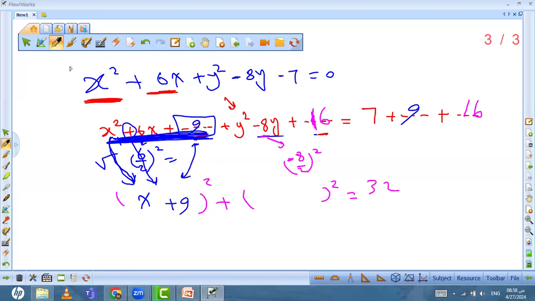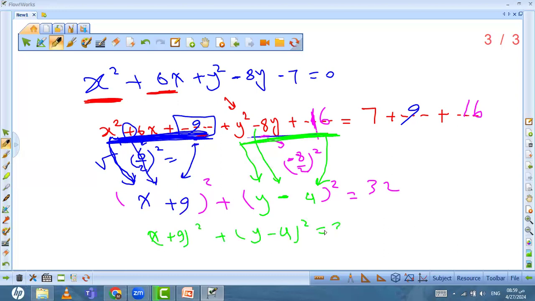Then for the other one, I'm gonna take the square root of the first, which is y, and the square root of the third, which is 4, and put the middle sign, which is negative. Now, guys, my equation: (x plus 9) squared plus (y minus 4) squared equal to 32.